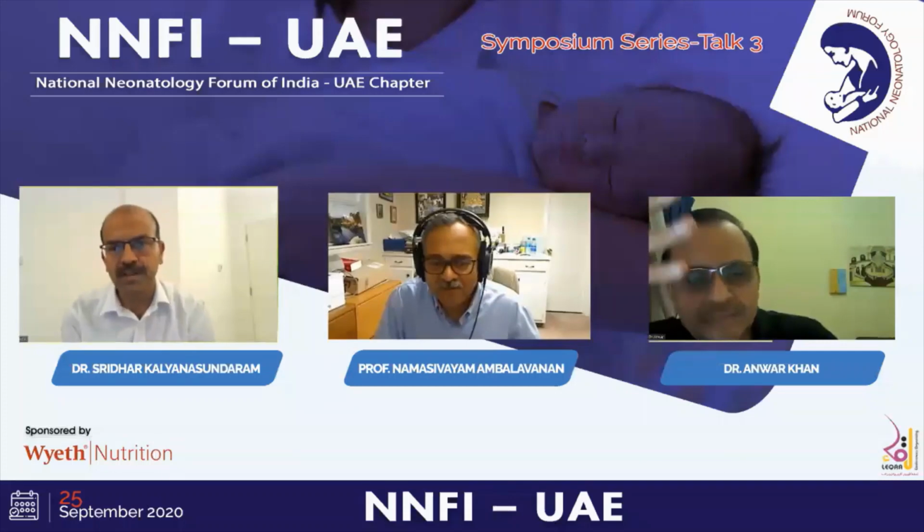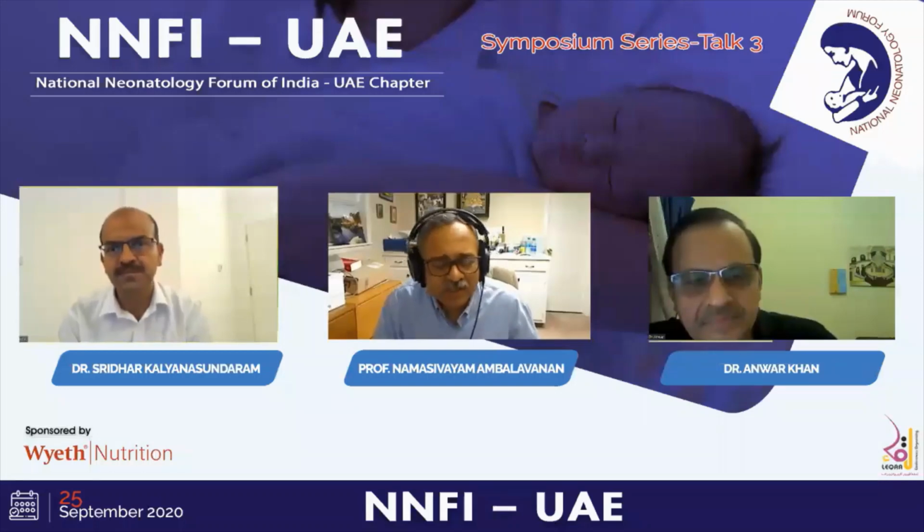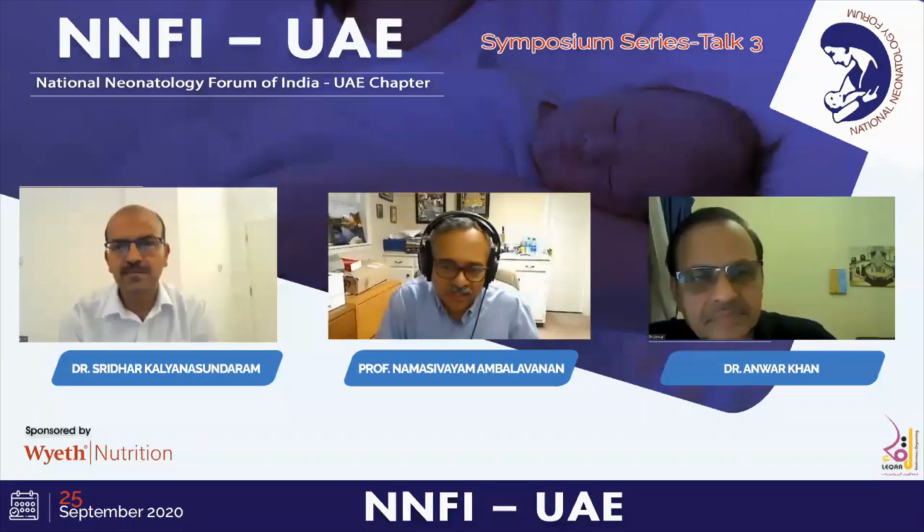Thank you. In terms of the angiogenesis that you mentioned and the shunting, is there anything we can do about that part? Most of the dysregulated angiogenesis we think is secondary to inflammation. And this inflammation is often secondary to volutrauma or secondary to chorioamnionitis and infections.